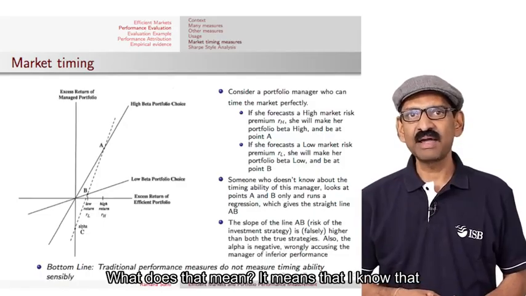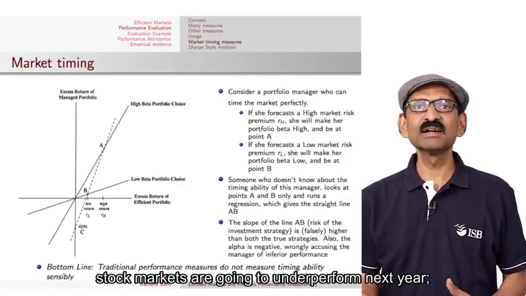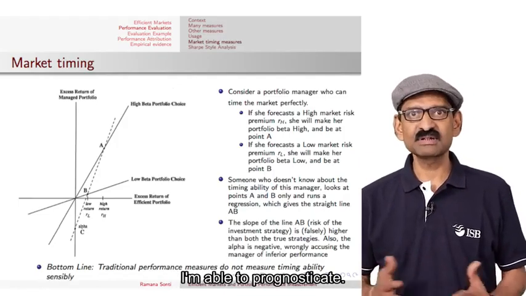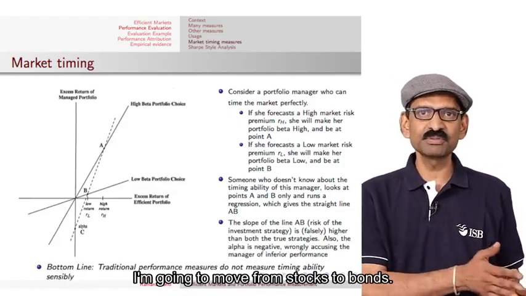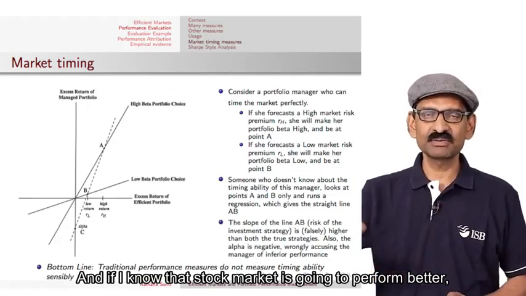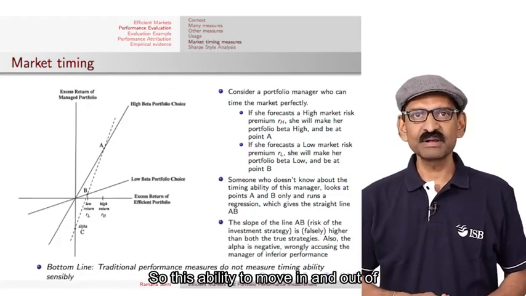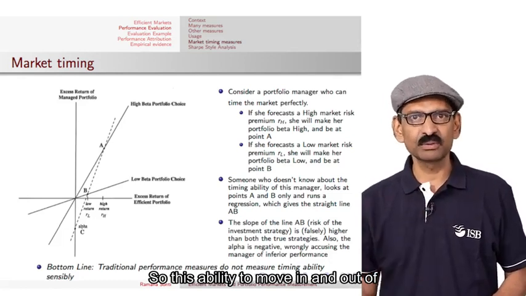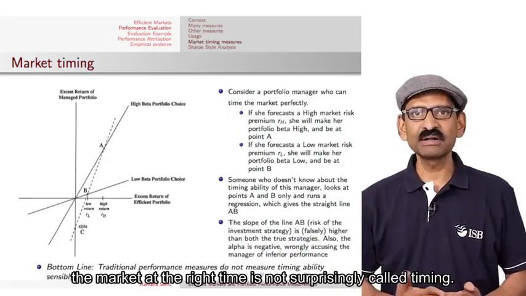It means that I know that stock markets are going to underperform next year. I'm able to prognosticate. So what I will do is, before the beginning of the year, I'm going to move from stocks to bonds. And if I know that the stock market is going to perform better, I'm going to move into stocks at that time. So this ability to move in and out of the market at the right time is not surprisingly called timing.